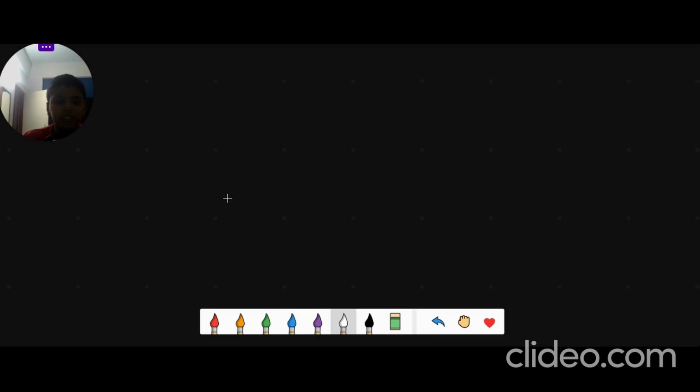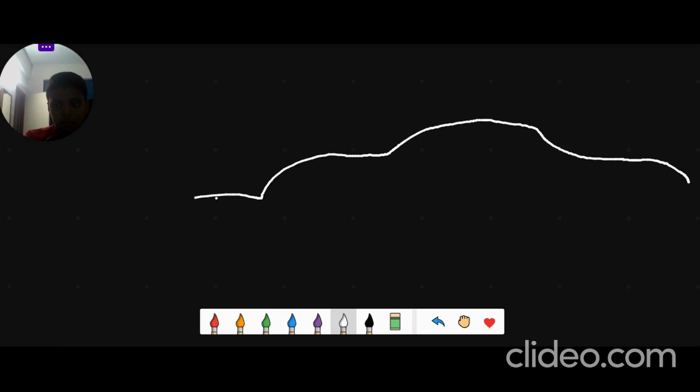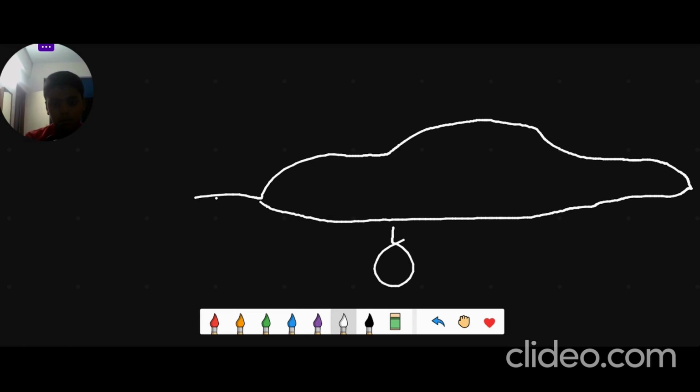So today we will learn how a plane flies. Just pretend this is your plane. I know it doesn't look very realistic, but just pretend.